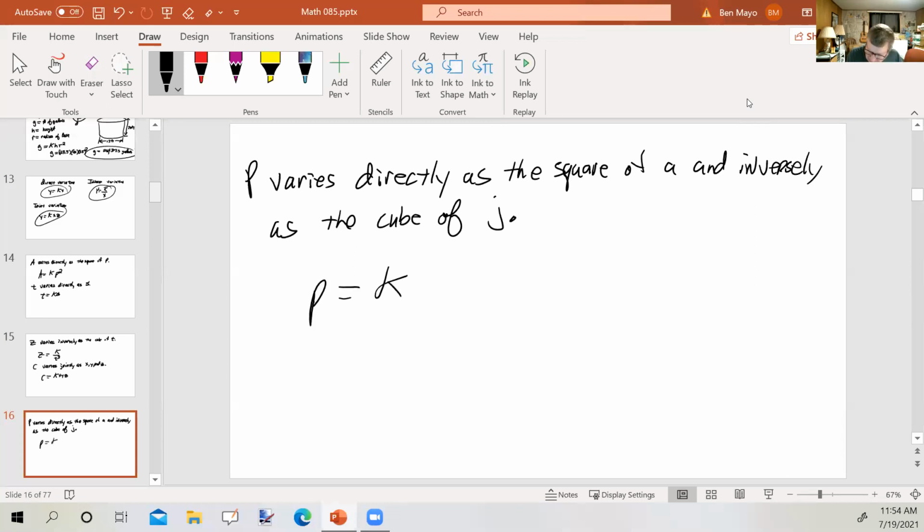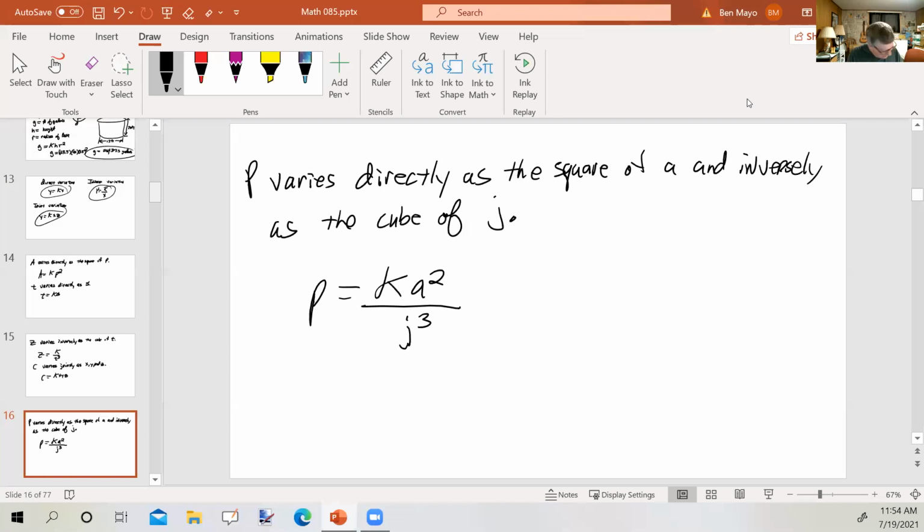P equals K, direct square of A, so KA squared, and inversely, so over J cubed. So P equals KA squared over J cubed.